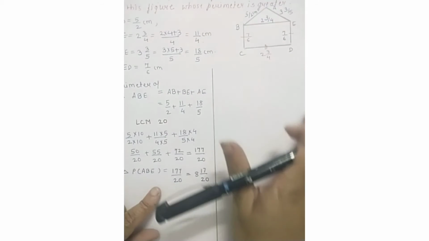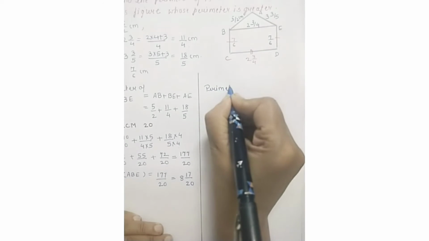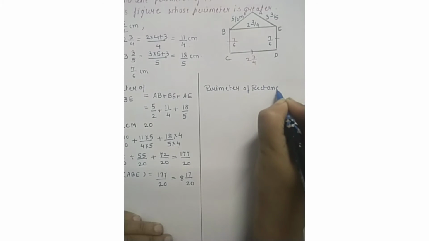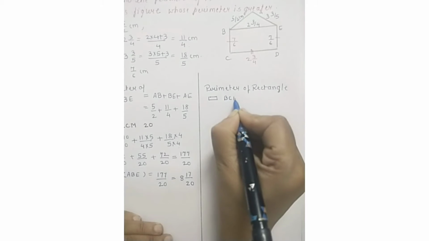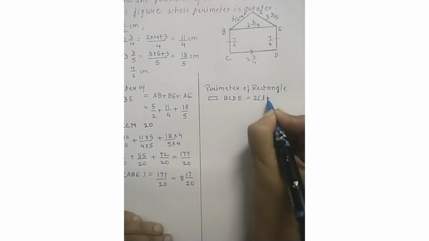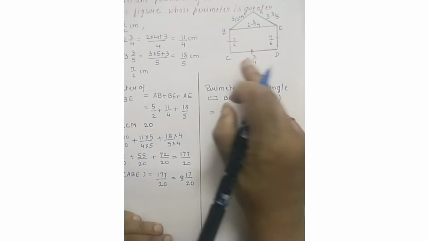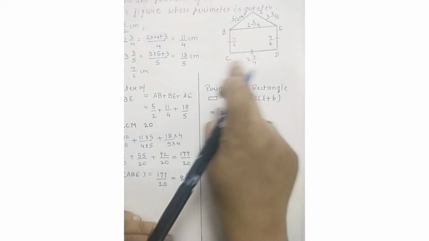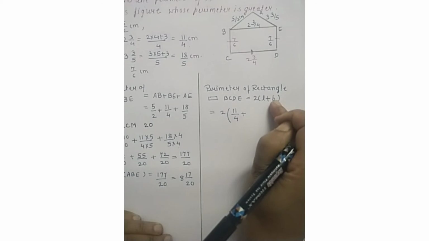In the same way we have to find the perimeter of the rectangle BCDE. What is the formula? Twice length plus breadth is the formula. So 2 times, what is the length? Length is this, 2 3 by 4, that is BE or CD, the same, it is 11 by 4, plus what was the breadth?